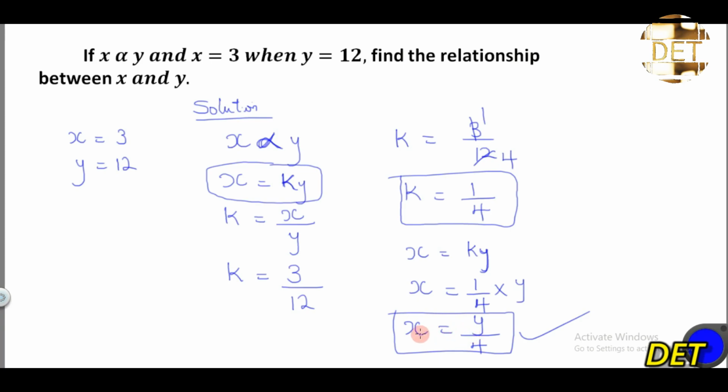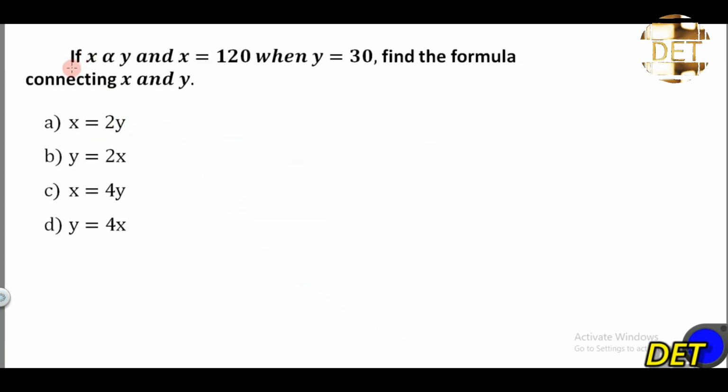Right? So let's look at another question to make this more clear. If X is directly proportional to Y and X is equal to 120 when Y is equal to 30, find the formula connecting X and Y. We are given the options here.